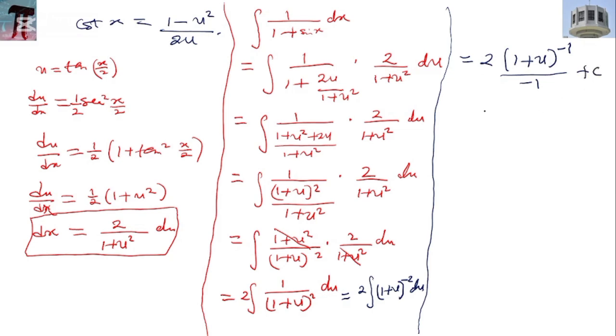So plus c, what we have is minus 2 over (1 plus u) plus c. Recall that our u is tan(x/2), so we can return that. That is minus 2 over (1 plus tan(x/2)) plus c, and that is our result.